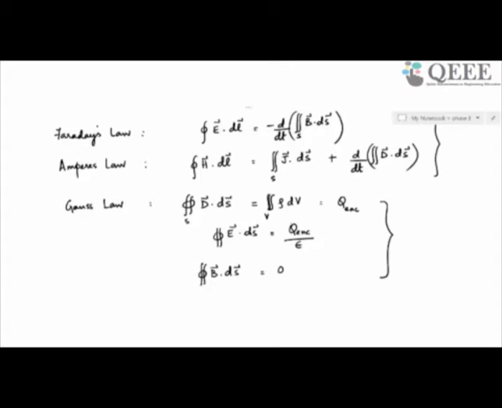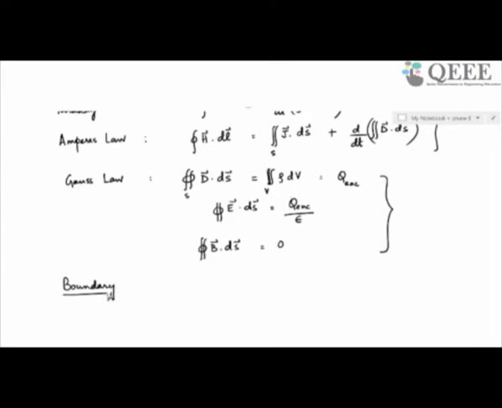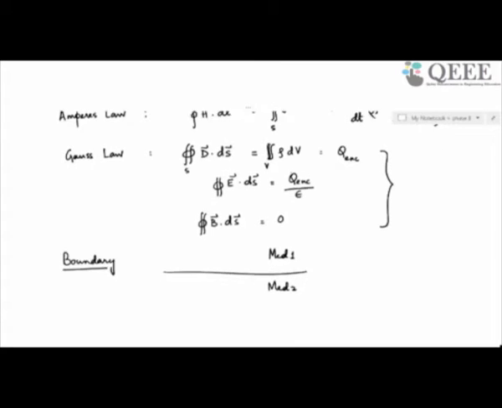So let us say I have a boundary, which means I have a medium 1 and a medium 2 and a surface that separates them, and I can apply Maxwell's equations at the boundary.